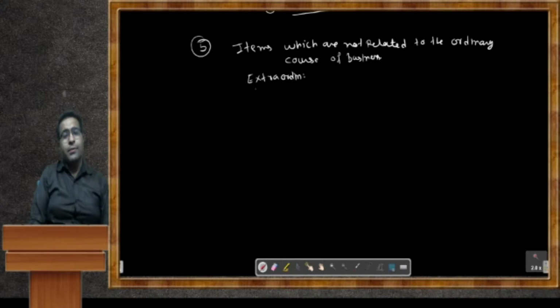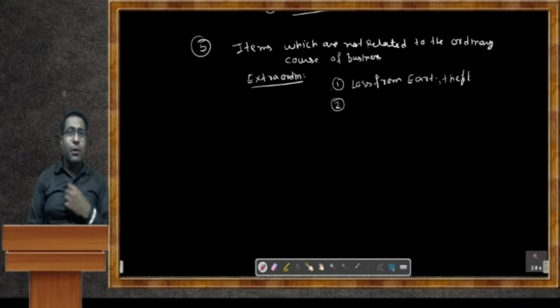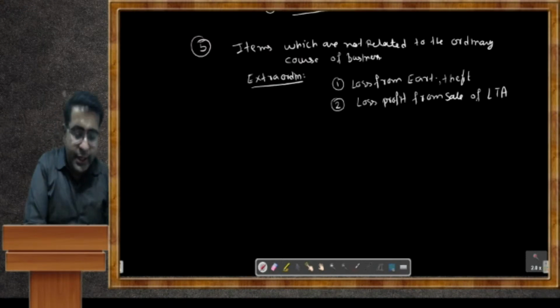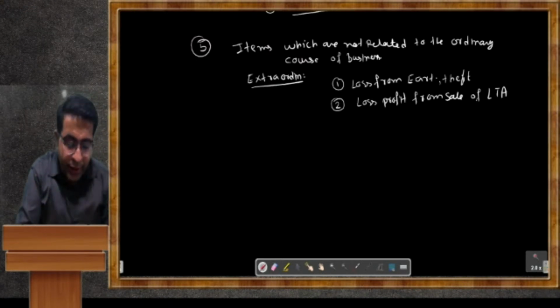For example, any loss from earthquake, theft, or any type of loss or profit from sale of long term assets. Okay, this is another query which is completed.